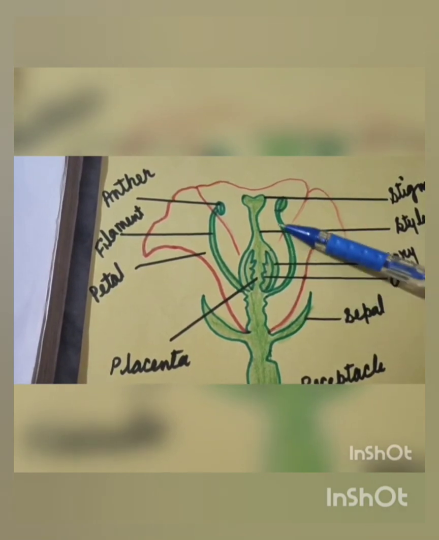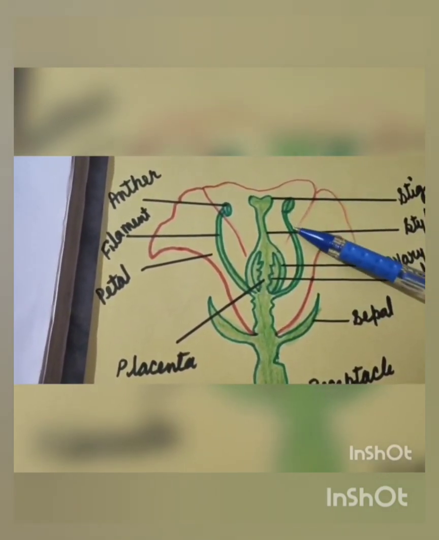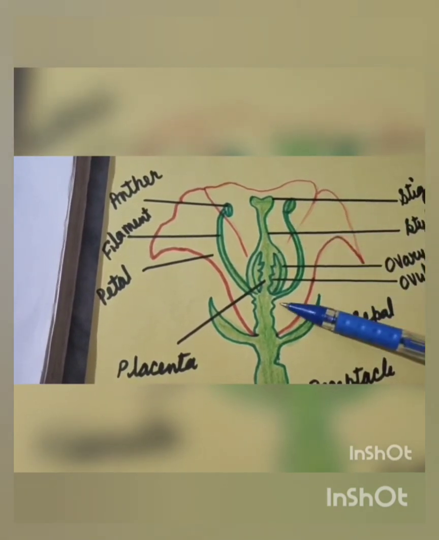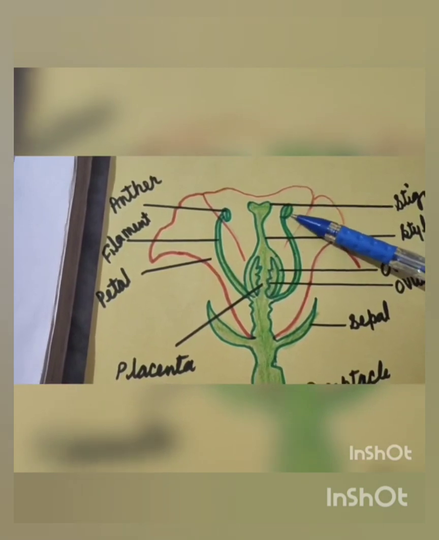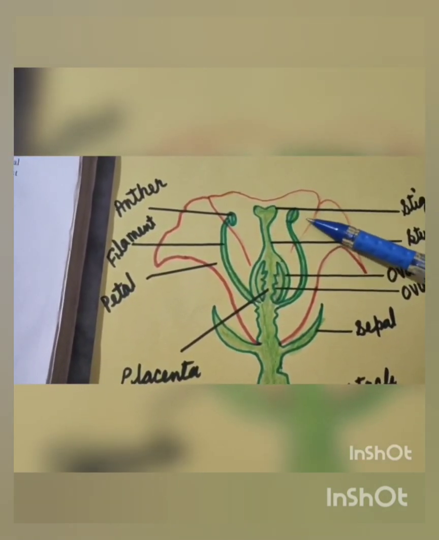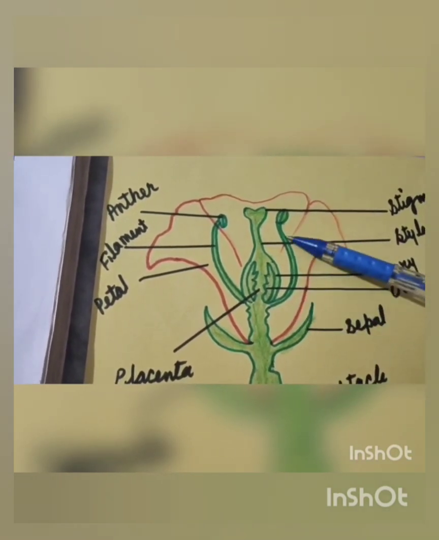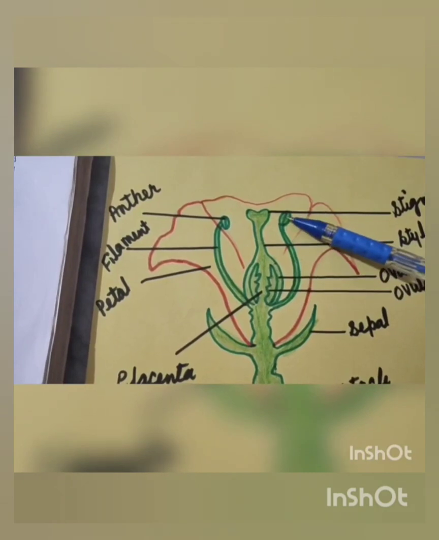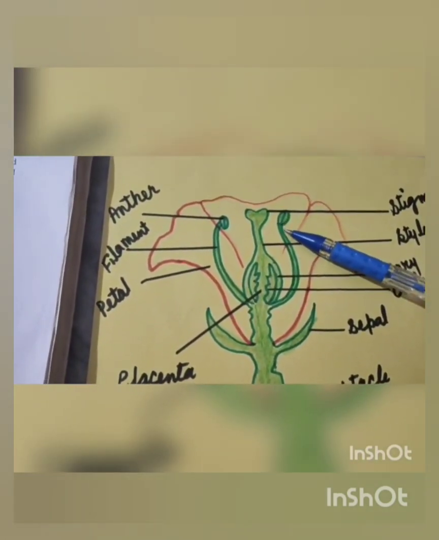This male part is called stamen, and collectively stamens are called androecium, and stamens have 2 parts. A stamen, first part, that bilobed structure is anther, and that long tube-like structure is filament. Anther and filament. This is the third whorl.